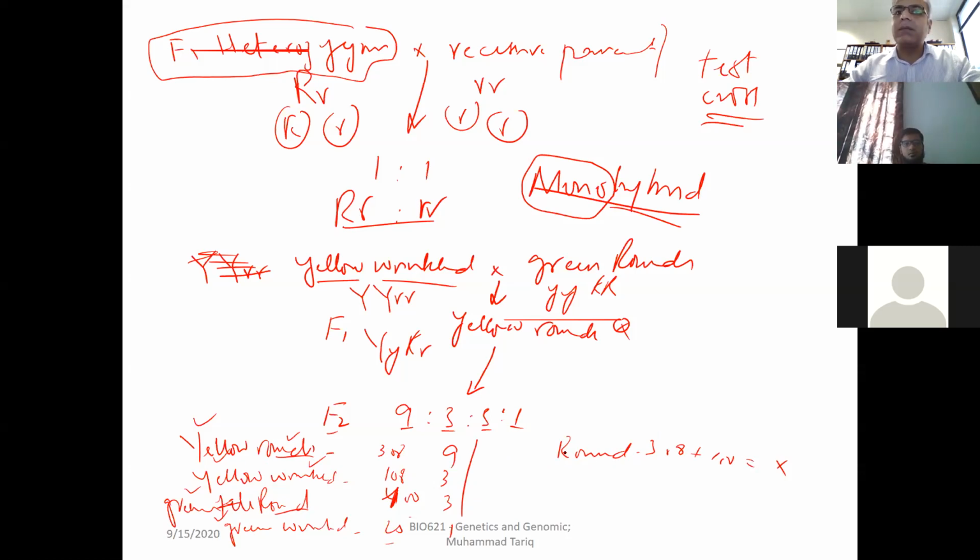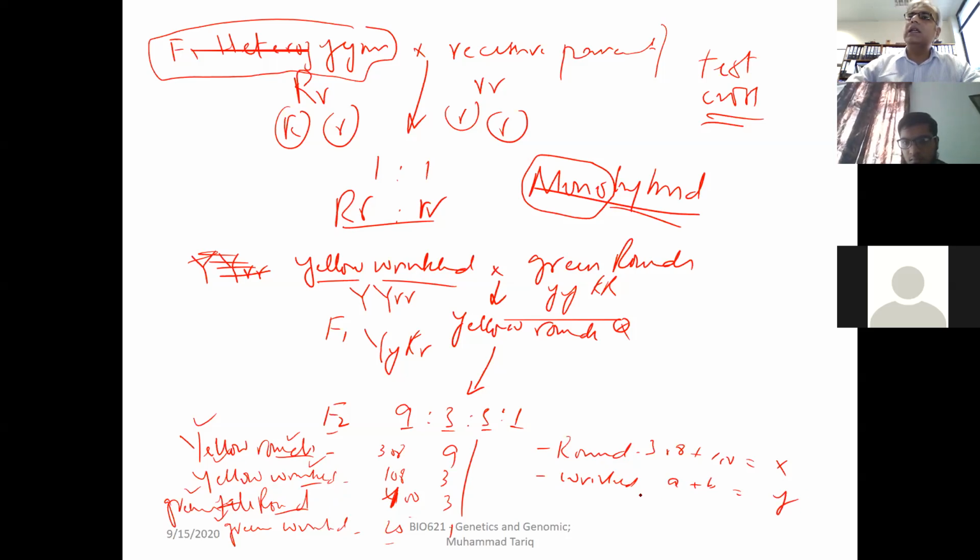X is just a number. Recessive for round is wrinkled. What was wrinkled? 108 plus whatever, A plus B, he got Y. Okay. When he divided, he found that the ratio is 3:1.